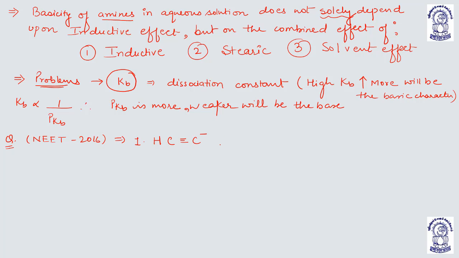First option is this. This is the acetylide ion, then C6H5 minus, then the others.